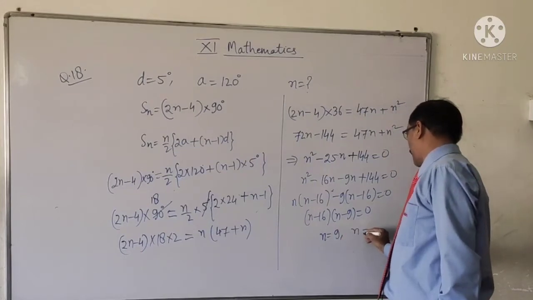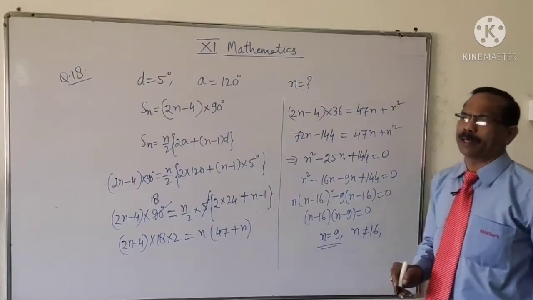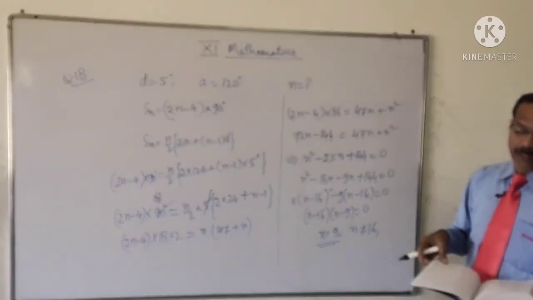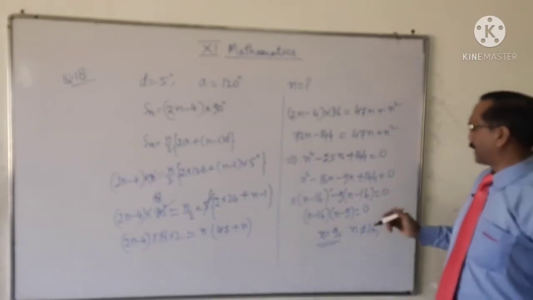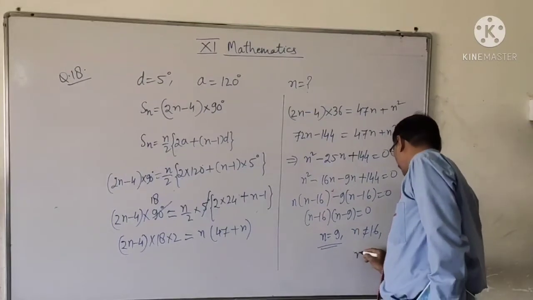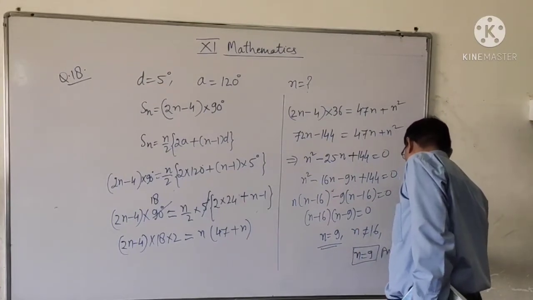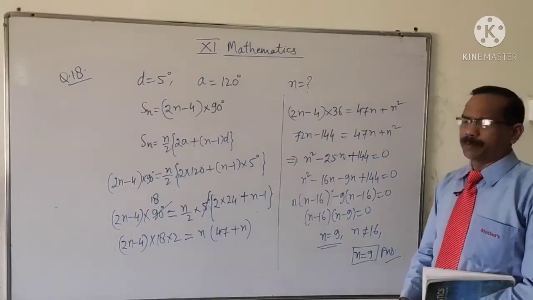N cannot be 16 because the smallest value of n is 9. So the required answer is 9, the number of sides in the polygon.